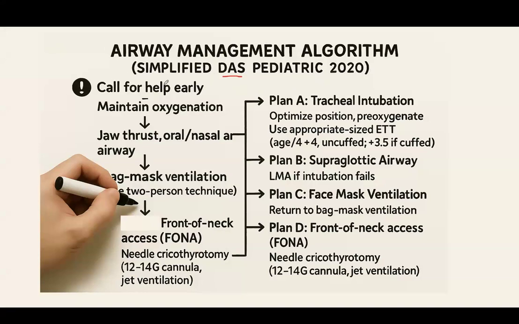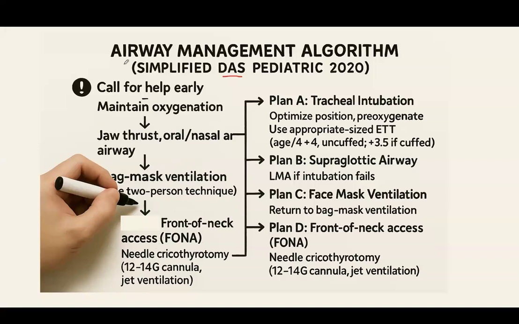So always call for help early, but call for help early after you try to maintain oxygenation. That is your goal. So you can try maintaining oxygenation by jaw thrust or using adjuncts like oral or nasal airways, bag and mask ventilation, the 1 or 2% technique, and if anything, be prepared for front of neck access.